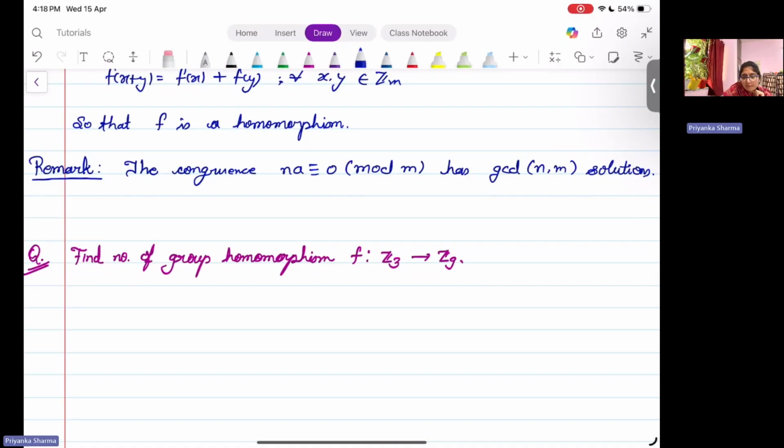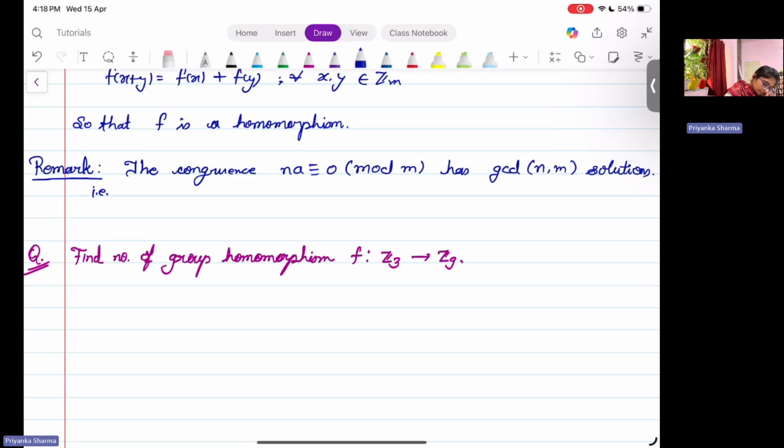So if we fix n and m and we consider that a is a variable, then we can see that this congruency has d solutions, where d is the GCD of n and m.